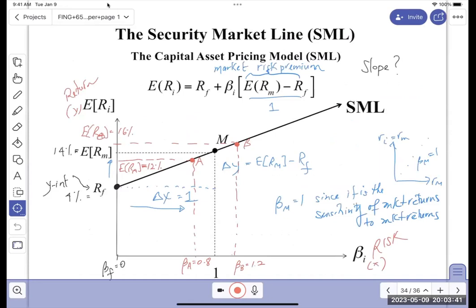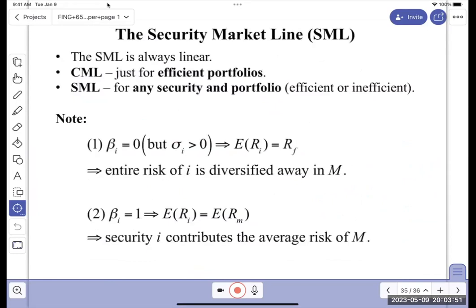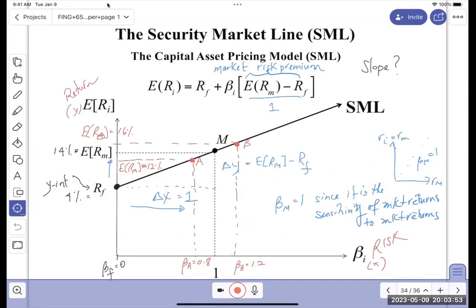If you look here, mixing between A and B, it should lie somewhere between the two. 60 of A and 40 of B should be closer to A than B. So it should be below M, and we find it's 13.6, which makes sense because M is 14% return. So it's going to be here.